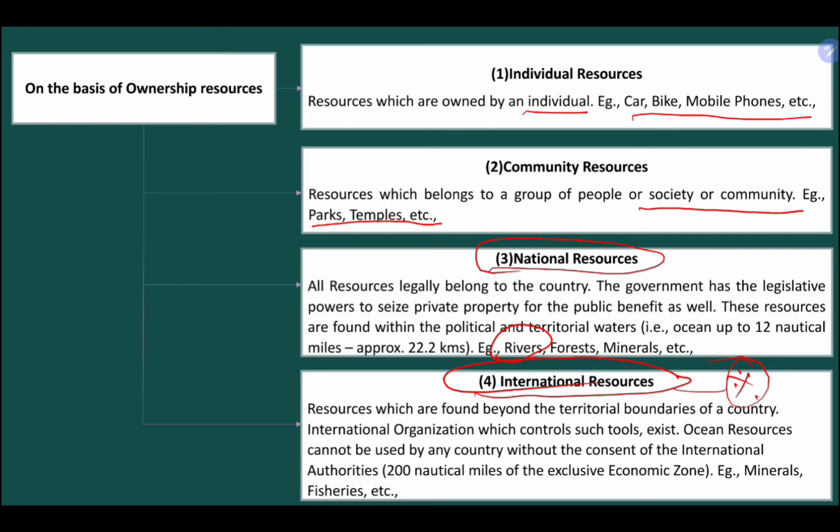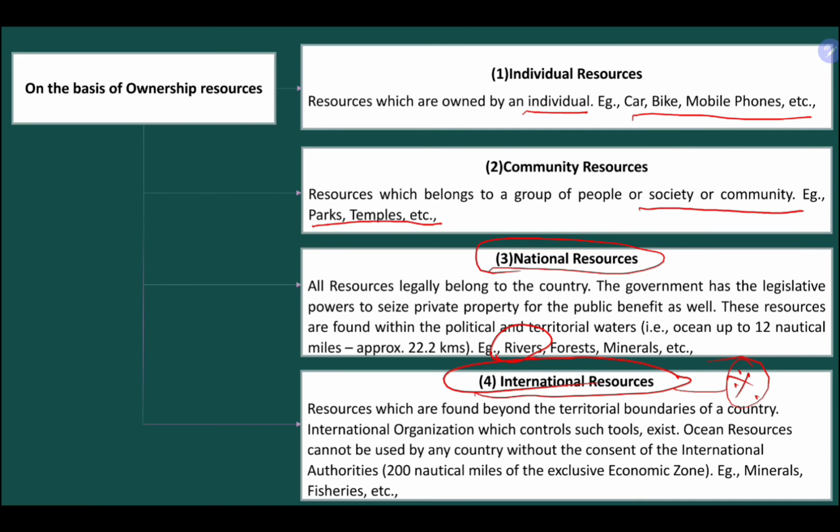To take something from that, to do something in that, to use that resource, we have to get consent from the international bodies which are made for that. Without getting consent or permission, we may not use that. So that type of resources are called international resources.